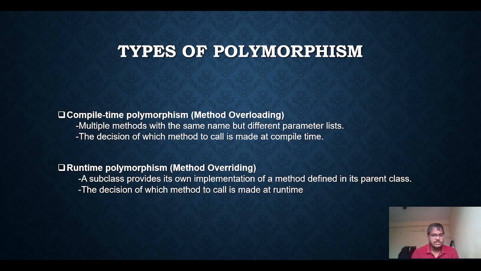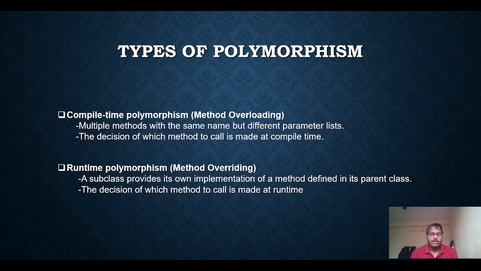The next one is runtime polymorphism, also called method overriding. A subclass provides its own implementation of a method defined in its parent class. Basically, in the parent class one method is there, and in the child class a method with the same name and same parameters is there. Then that is called method overriding.